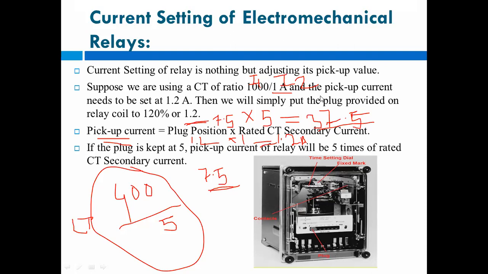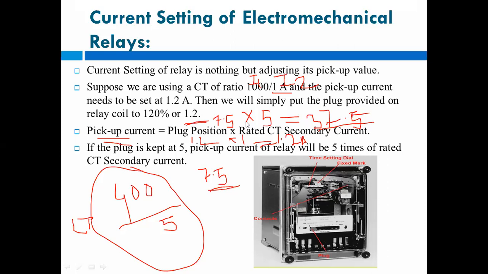So it is 5 ampere. It's the rated CT secondary. Sorry, it is 230 by 5. So it is 5 ampere current from the CT secondary. So if you take 7.5 as the plug position and the rated CT secondary current as 5 ampere, then your pickup current is 37.5 ampere.